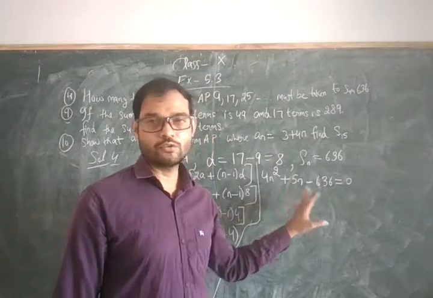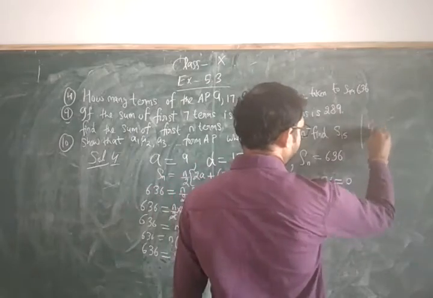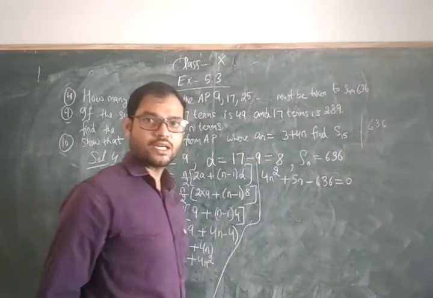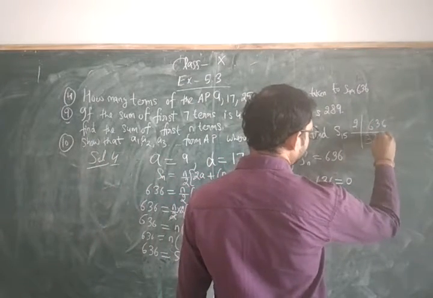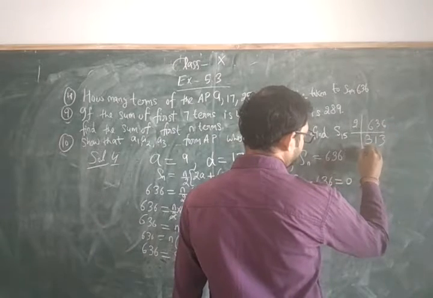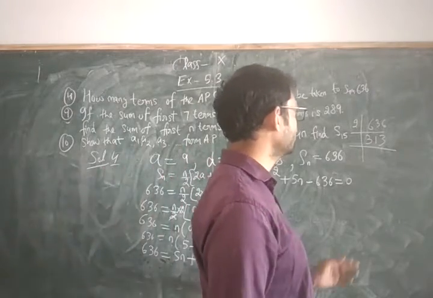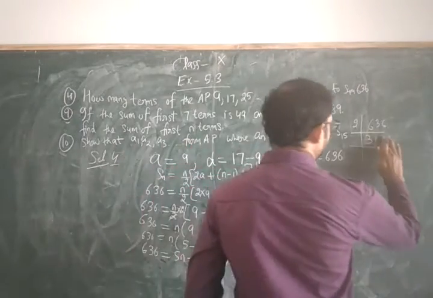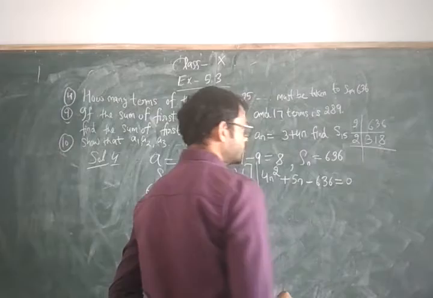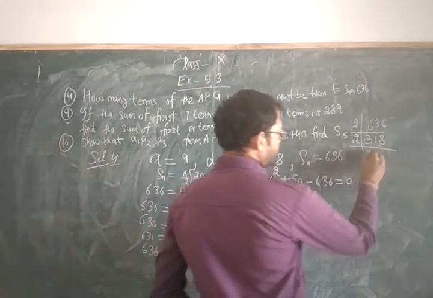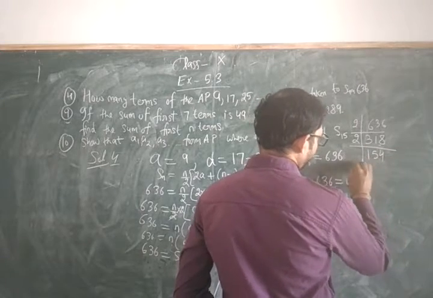Now we are going to solve this, so we have to make the factors. First of all I am taking the factors of 636. The factors of 636: 2 threes are 6, 2 ones are 2 and 2 threes are 6. Now which you can use to divide them? 2 ones are 2, 2 fives are 10 and 2 fours are 8.